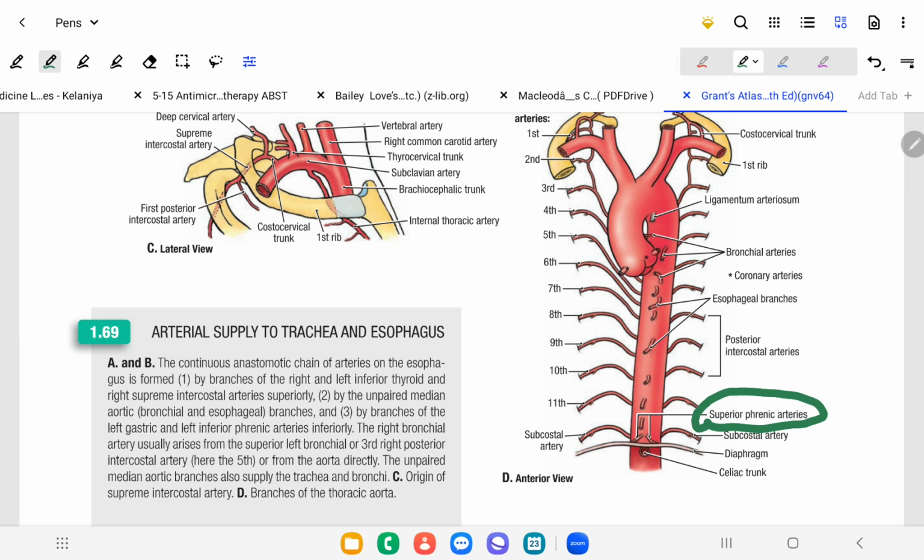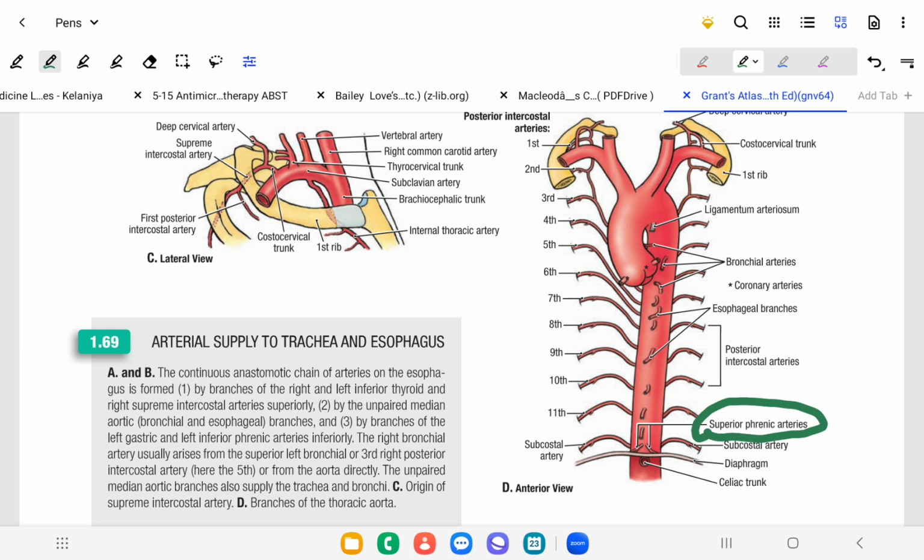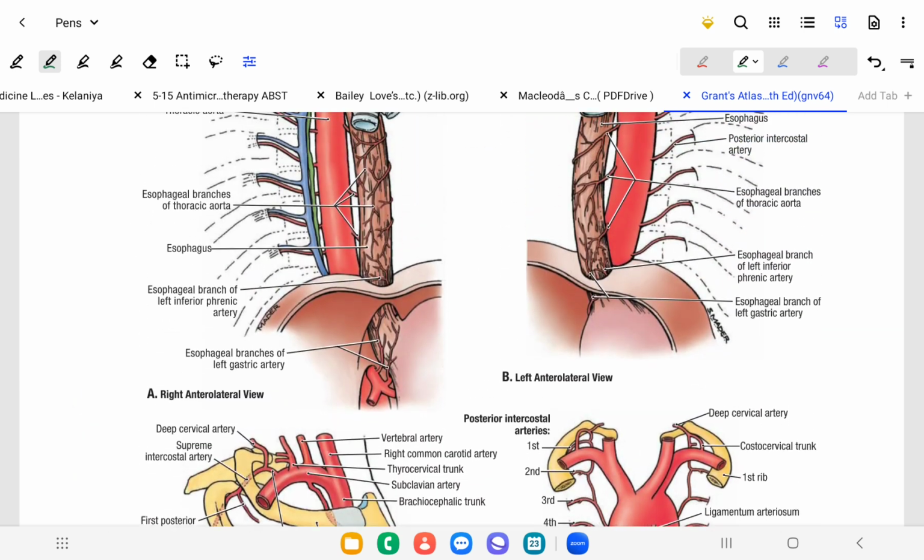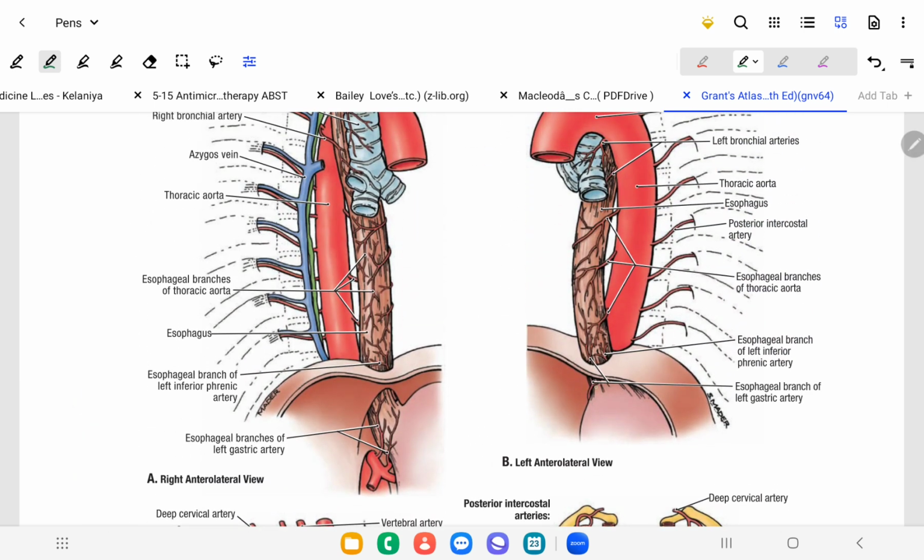Then there are two terminal branches of internal thoracic artery, musculophrenic and pericardiophrenic arteries, and they supply the anterior part of the superior surface of the diaphragm. Then inferior phrenic arteries, starting from here, supply the inferior surface of the diaphragm.